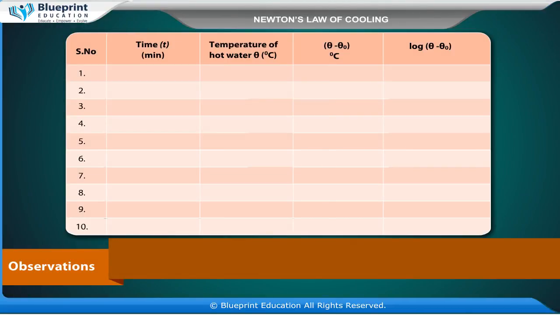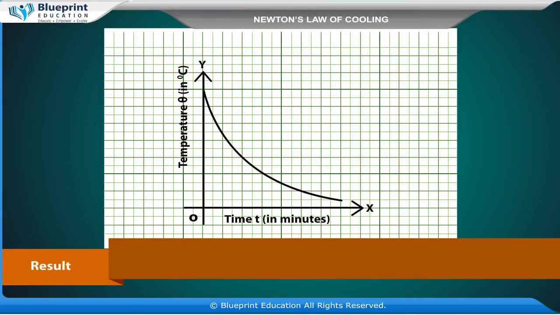Table for calculation of cooling with time: serial number, time t in minutes, temperature of hot water θ in degrees Celsius, θ − θ0 in degrees Celsius, log(θ − θ0). Result.